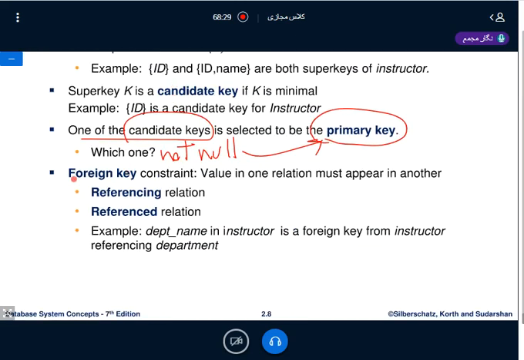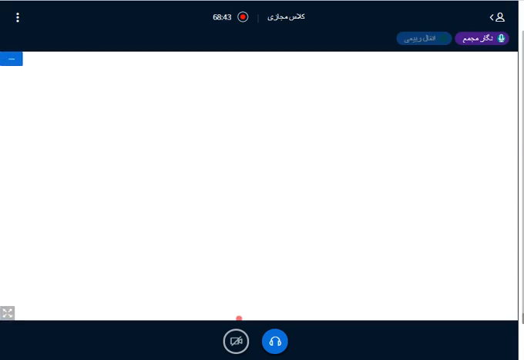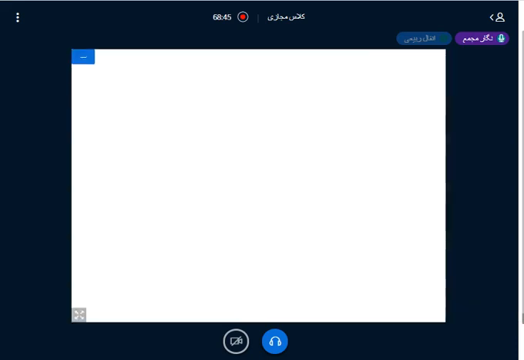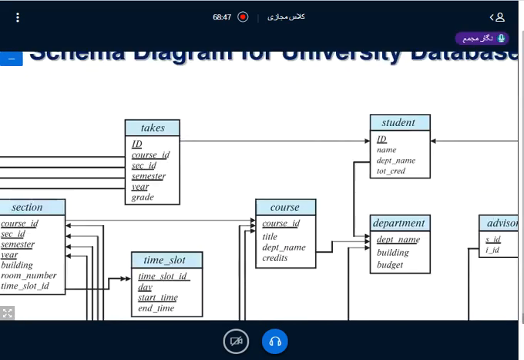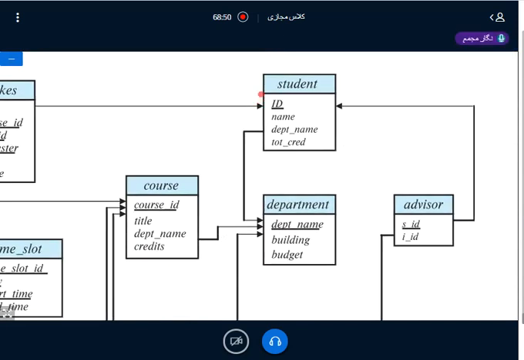Okay, and the other one is the foreign key. What is a foreign key? With the foreign key, we can refer to another table. For example, in table student, I have attributes ID, name, dept name, and total credit, okay?